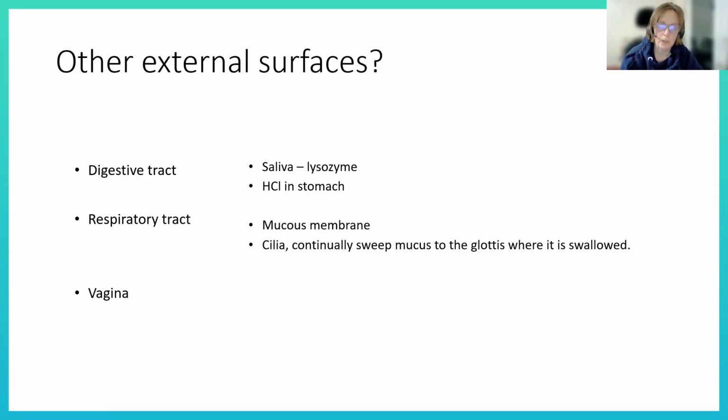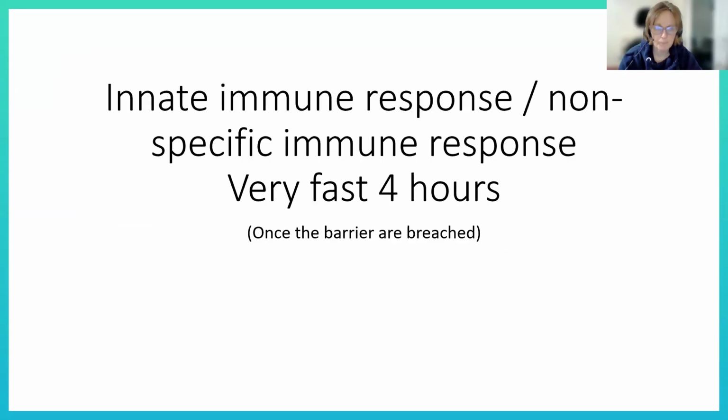Obviously, a horrible environment because of that acid, which will kill a lot of stuff. And then the vagina, naturally low pH acidic mucous membranes to help prevent bacterial growth there, and the lactobacilli bacteria, which should naturally be there to help kill off anything.